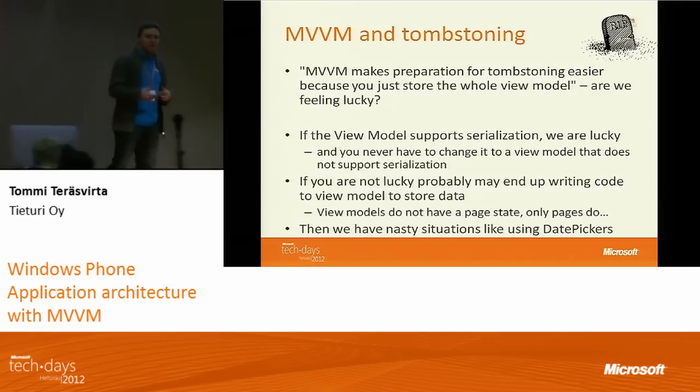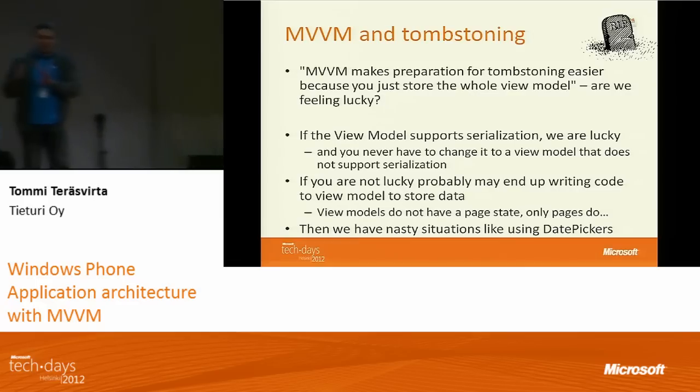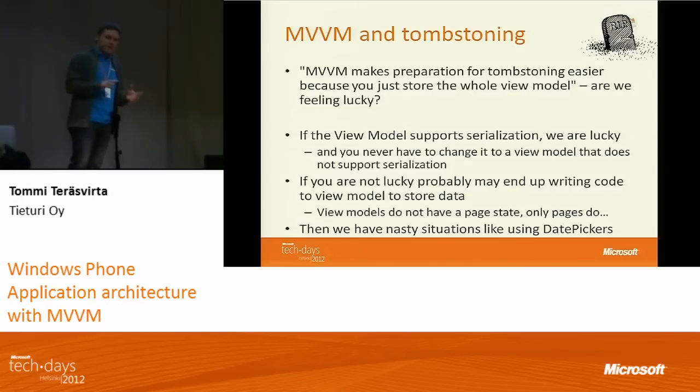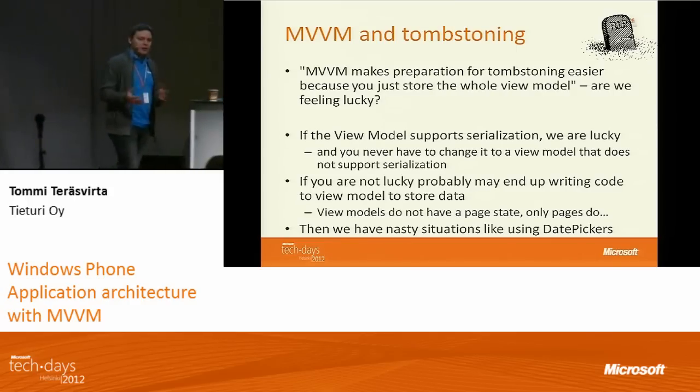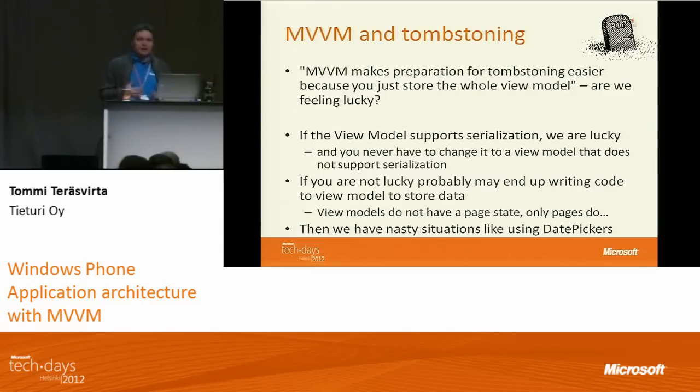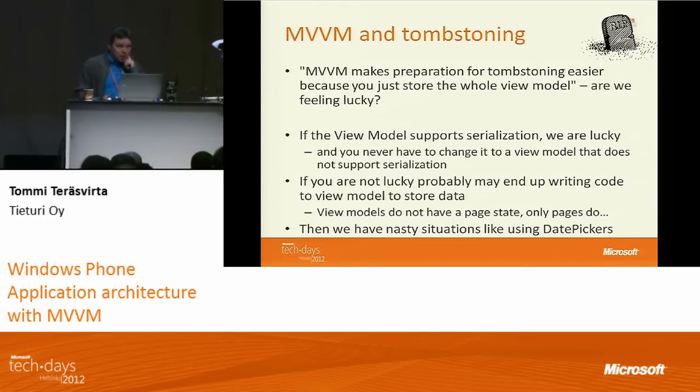So certain view models, you have to make sure that they do support serialization, which is the mechanism used when you're storing it into either the state dictionary or the isolated storage. And if that is the case, then yes, you are happy with a single write to the disk or to the state dictionary, and all of your UI state is saved with a single write and also read. Okay. If you're not lucky, you go and fix your view model.